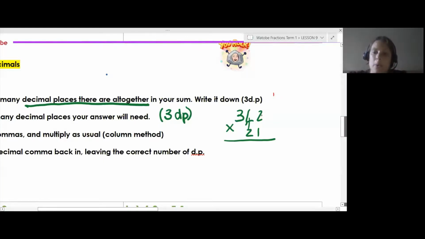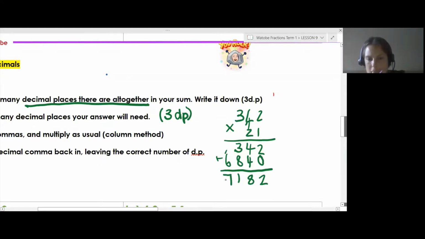Okay, so we say 1 times 2 is 2, 1 times 4 is 4, 1 times 3 is 3. And now because I'm multiplying by 20, I put a 0 on the end. And I say 2 times 2 is 4, 2 times 4 is 8, 2 times 3 is 6. And I add them all together. And I get 7,182.